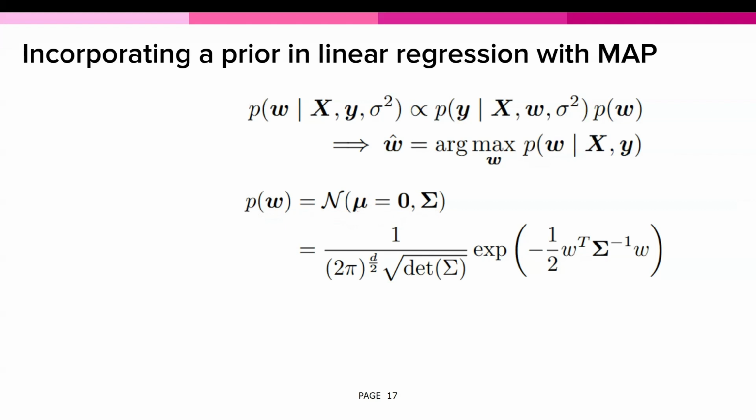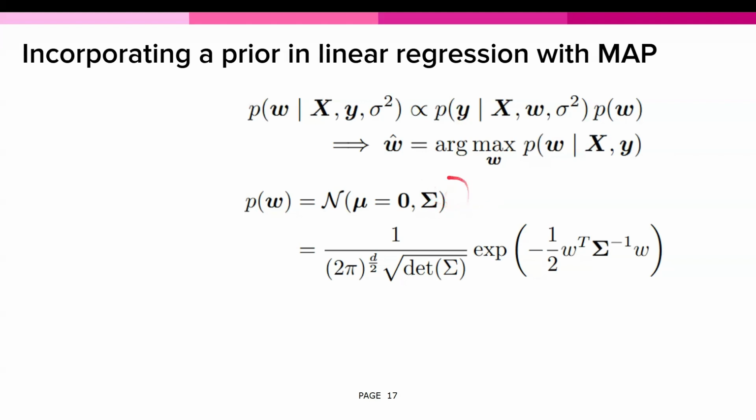And so, in addition to this mean of 0, we also have a covariance matrix denoted by capital sigma. This matrix controls how confident we are about our prior belief. If the values of sigma in here are small, this means that we believe strongly that the weights should stay close to 0.